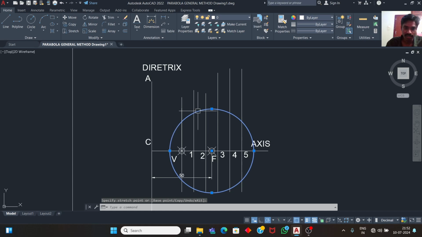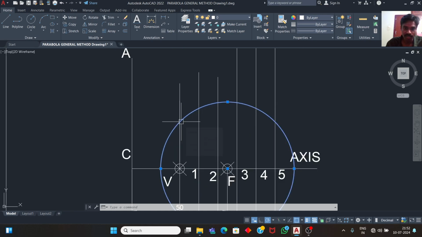This circle and this perpendicular line will meet at this intersection point. This point is point P1. Okay. This is the first point of this parabola.